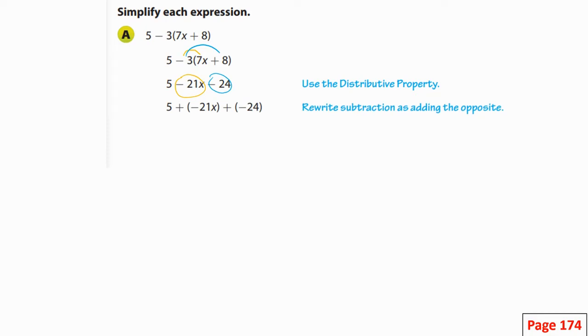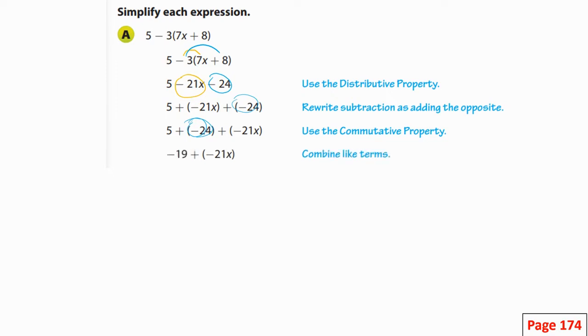And now the publisher decided to say, okay, minus 21x is the same thing as adding a negative 21, and minus 24 is the same thing as adding a negative 24. And then they use the commutative property to switch things around. You can move this over here, and then now you see you have 5 plus negative 24, which is negative 19, and plus negative 21.